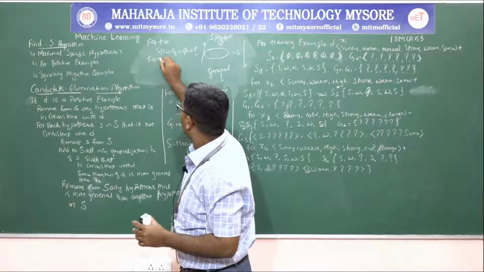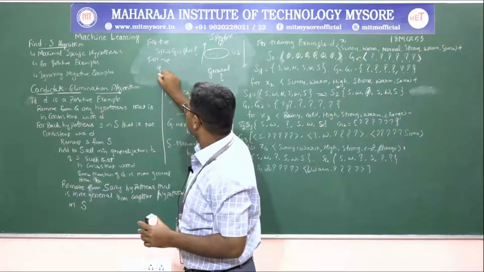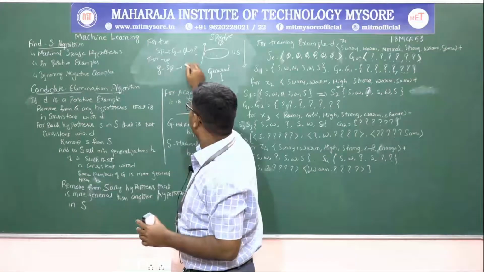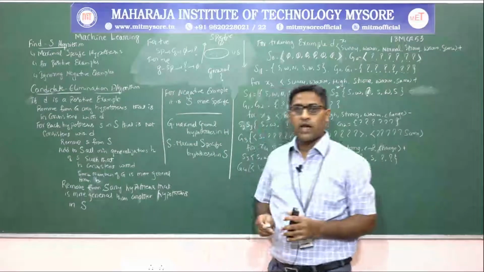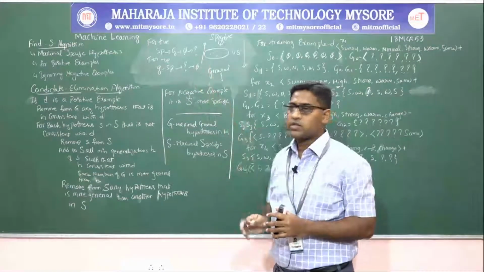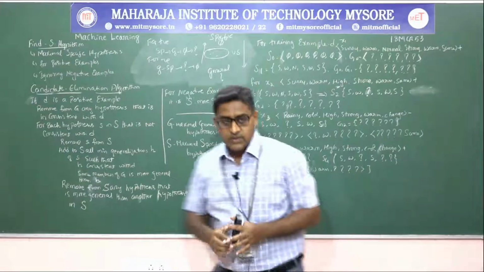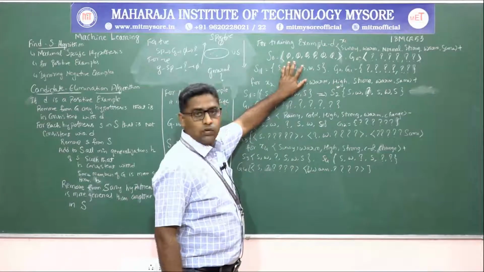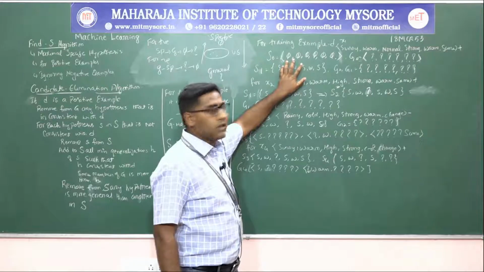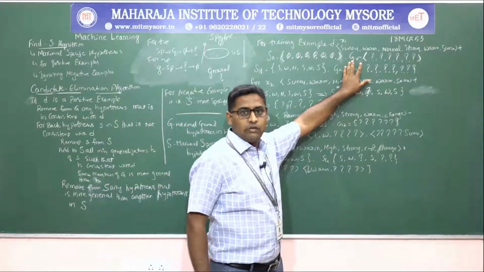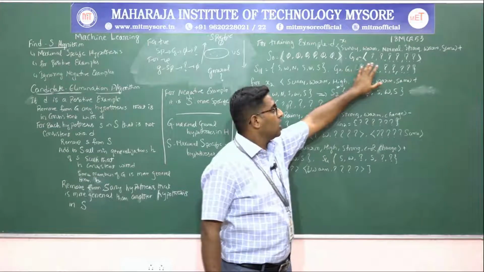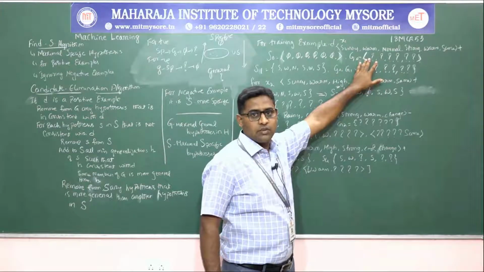For negative it will be from general to specific value. That means generalization to a specific value. So always you will be initializing the specific values to the no value or empty value, initialized as S naught, and the general value will be initialized as G naught with the question mark symbol.